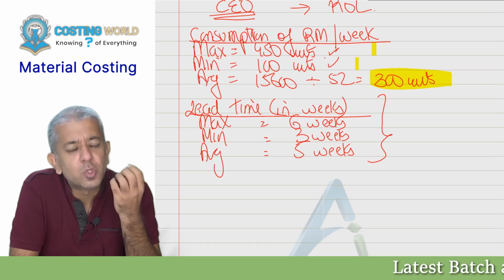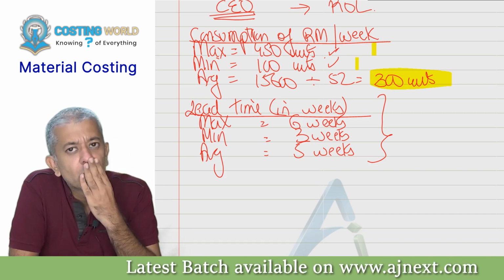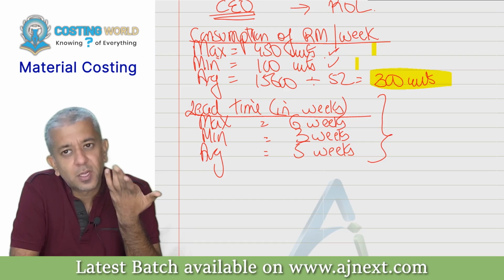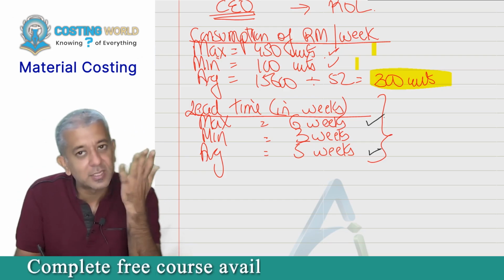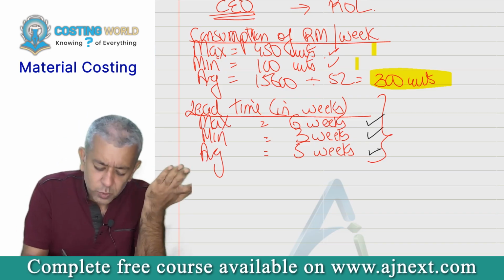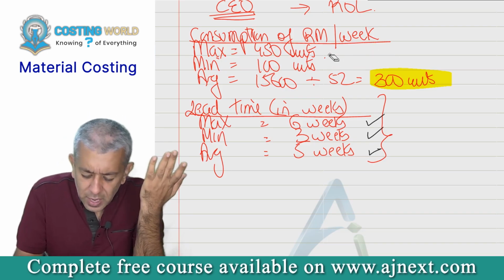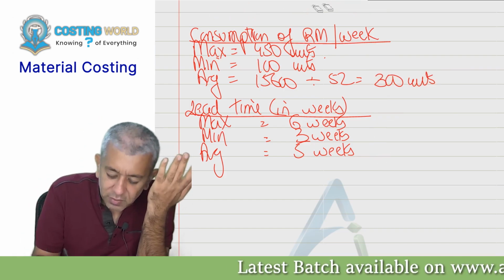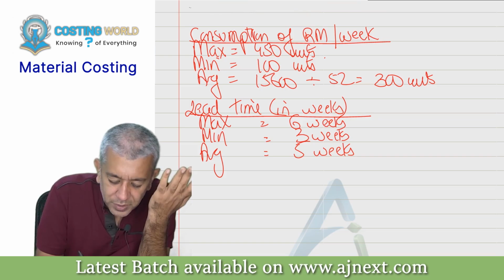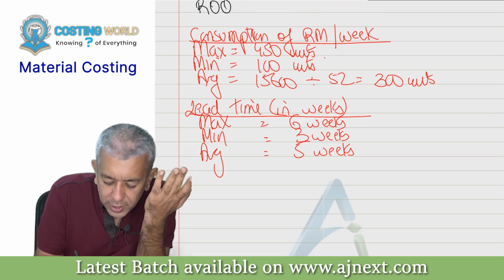Minimum, I will consume surely how much? 100. But usually we should be consuming 300. Supplier should usually deliver in 5 weeks. He can take as high as 6 weeks. Might deliver in 3 weeks only. Future is obviously uncertain, but I try to use all these numbers to think further. Further, one other data that I told you in the beginning only, reordering quantity.